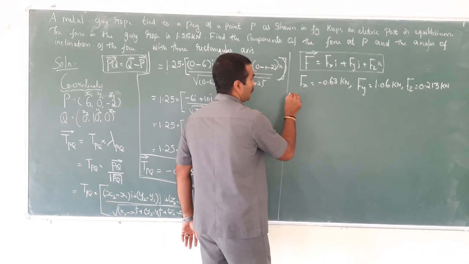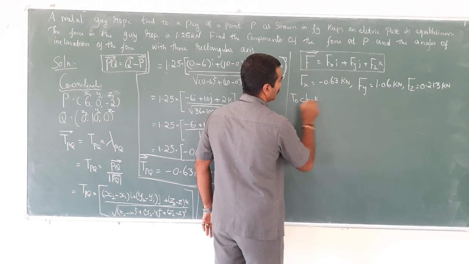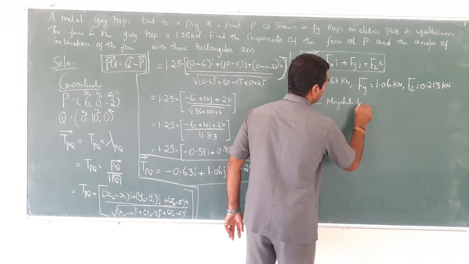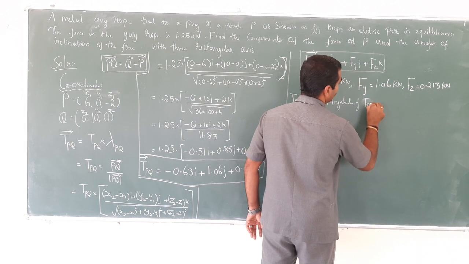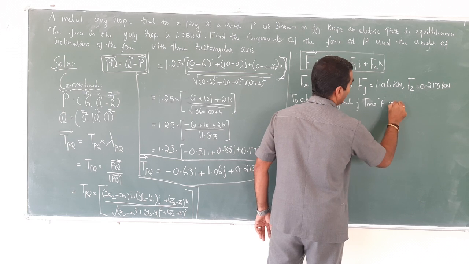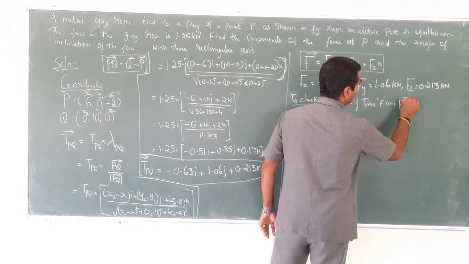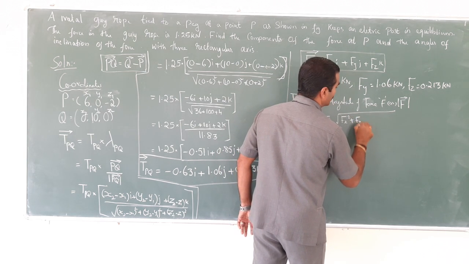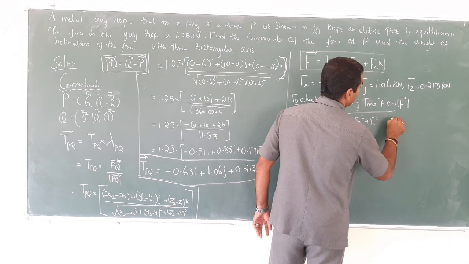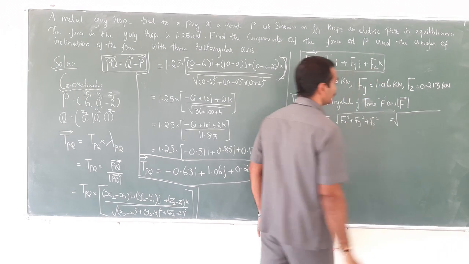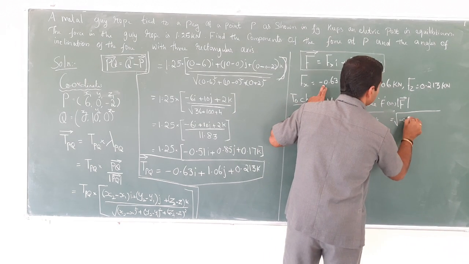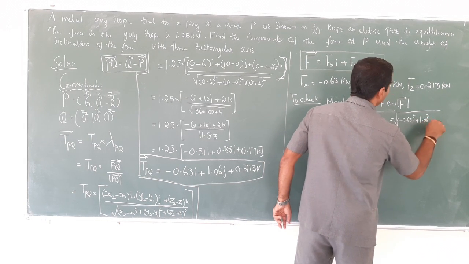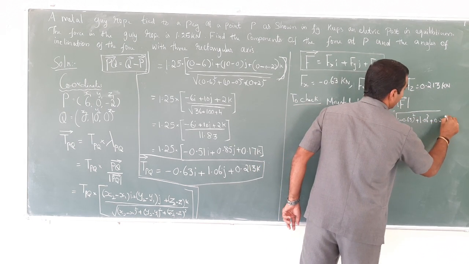Right. Suppose we want to check this: the magnitude of the force vector, that is F, or modulus of F vector, equals root of F_x squared plus F_y squared plus F_z squared, which is root of 0.63 squared plus 1.06 squared plus 0.213 squared.